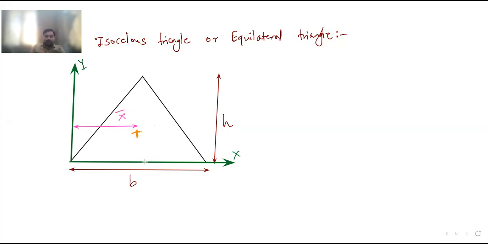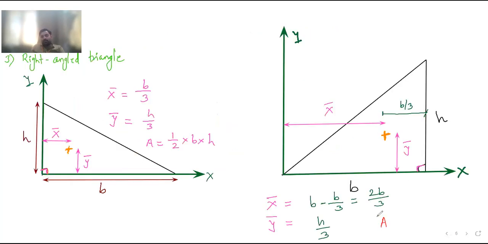The distance of the centroid from x-axis, here, this is called as y bar. So your formula for x bar, y bar, area, obviously you know that for triangle it is half into base into height. Here previous also same formula. Area is equal to half into base into height.